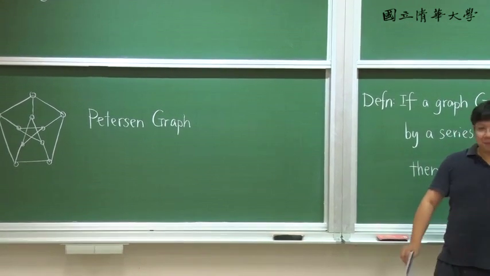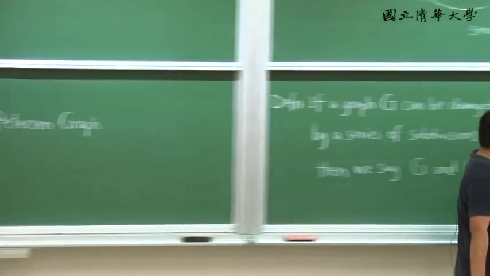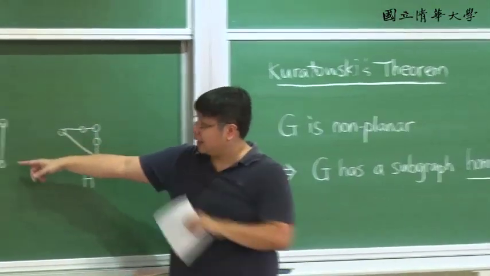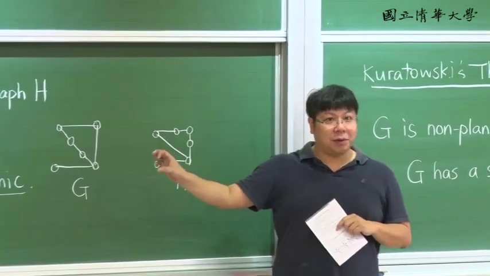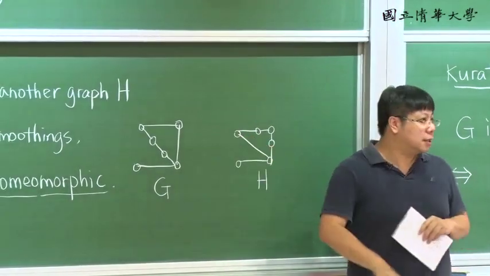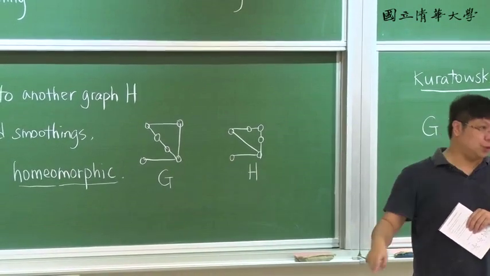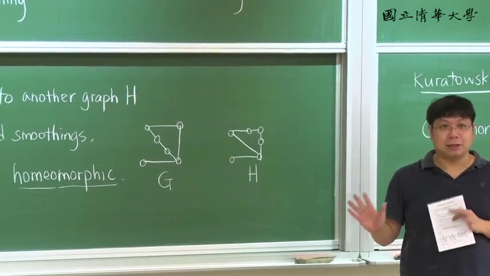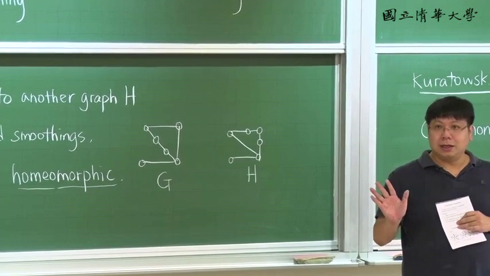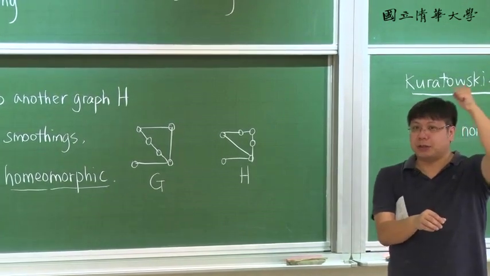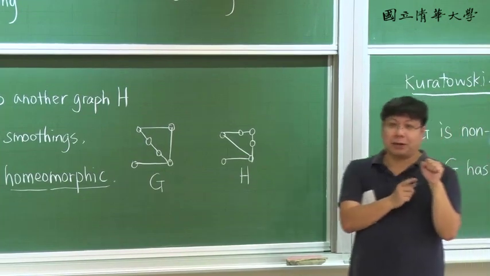Okay. Now, there is an easy observation. Look at it. Whenever we do subdivision or smoothing operations, all the nodes having degree not equal to 2 do not change their degree. If a node has degree 3, you cannot smooth this vertex, right?